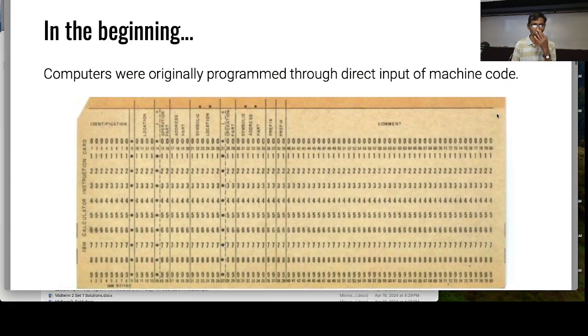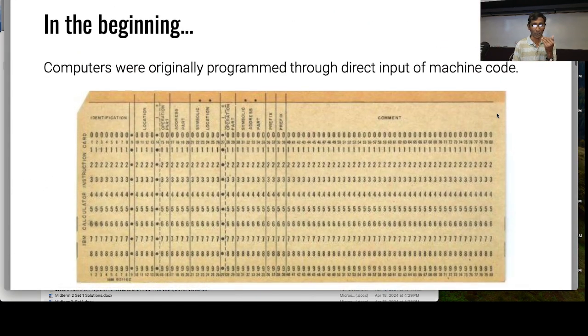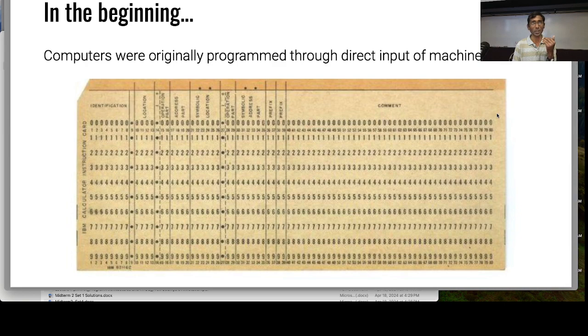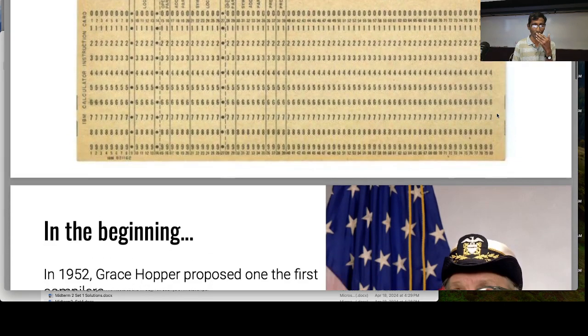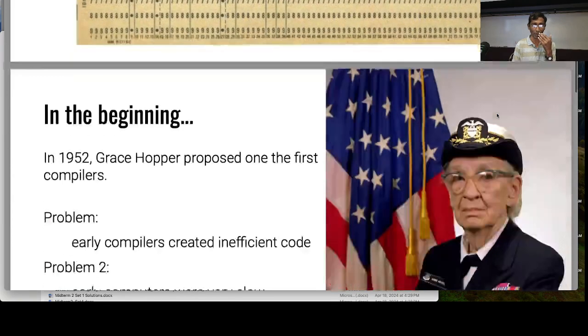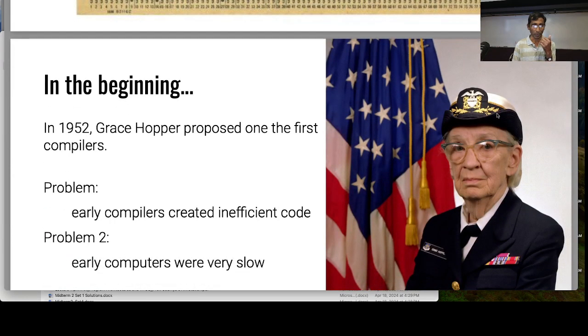And that's not easy for the human level of understanding. There were attempts as early as 1952 to make a human high level programming language and then compile it into code.